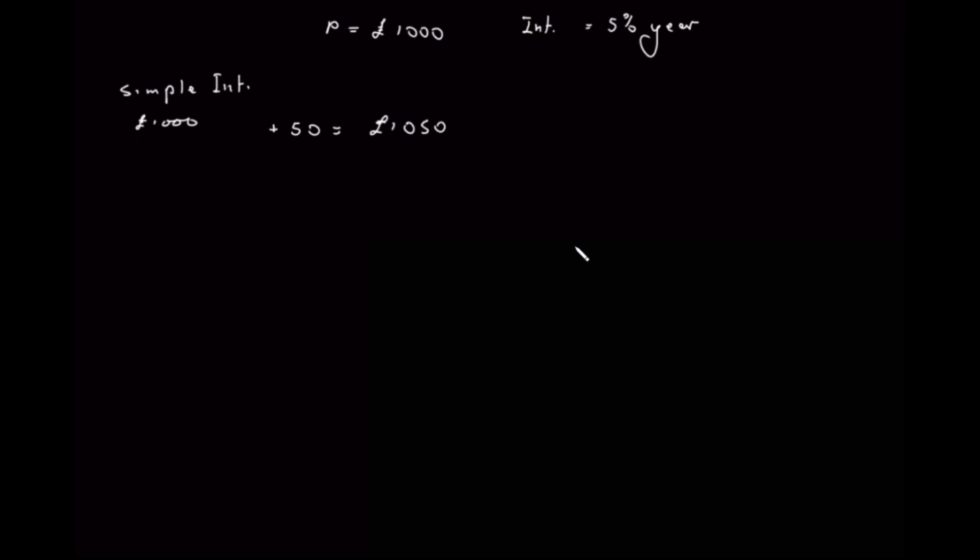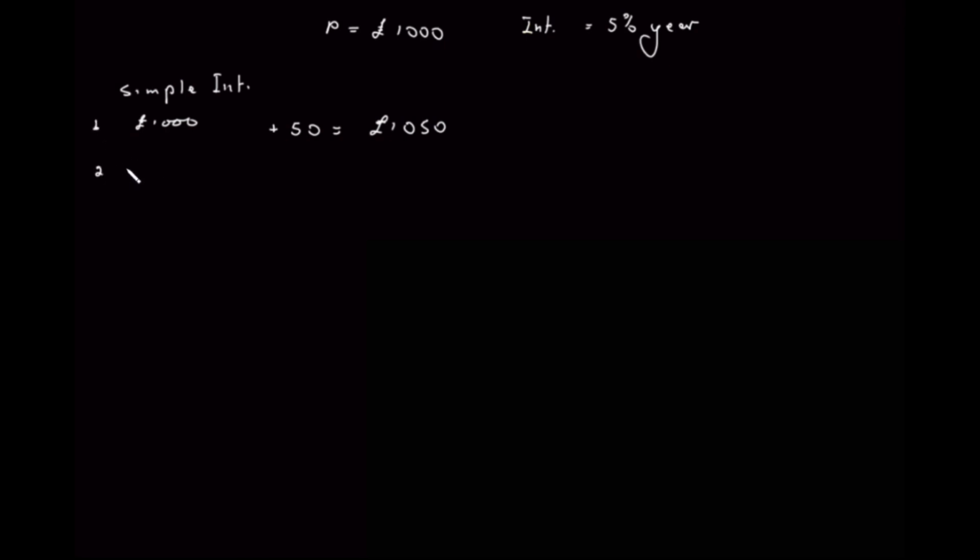Now in reality, if you have an account, it's calculated monthly and usually it's compound interest. But I can virtually guarantee you'll be given a simple interest question. You may also be given a compound one, but anyway. So that's 1,050. So that's at the end of year 1.